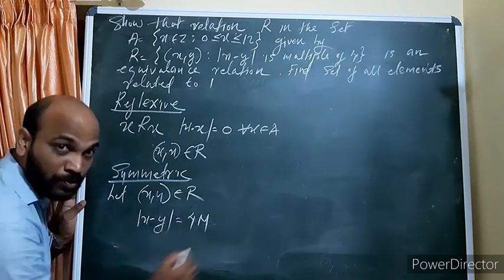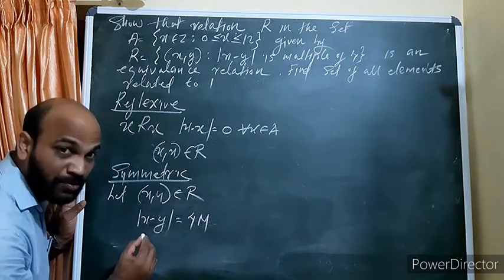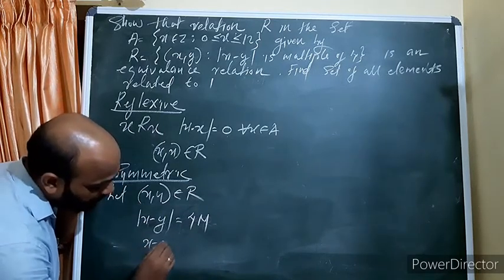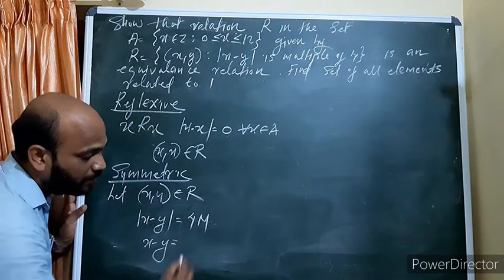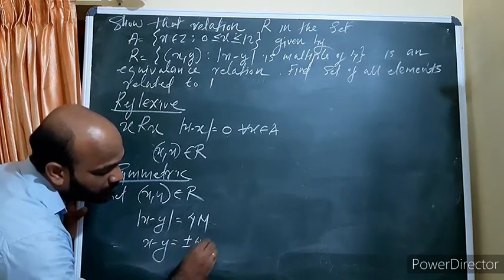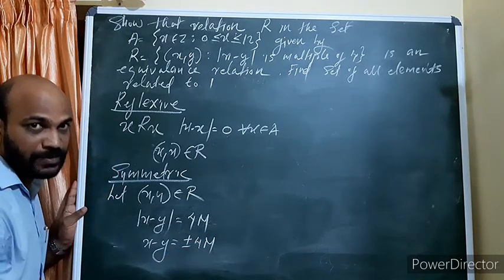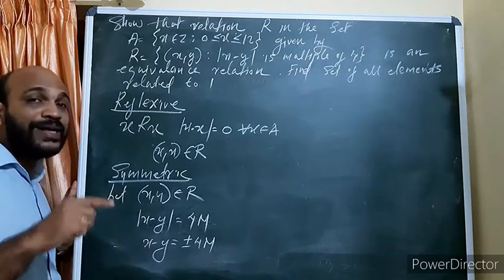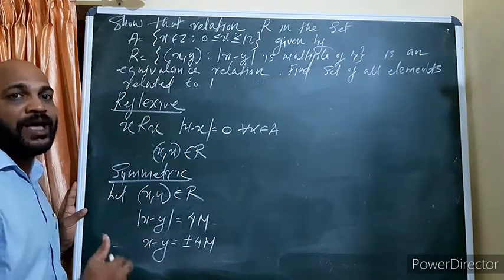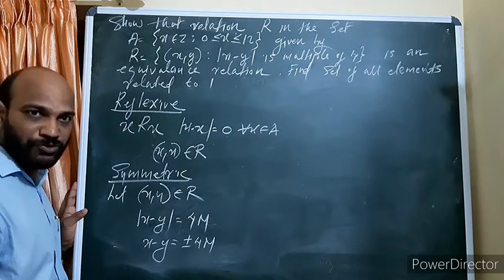So we can remove this modulus. When we remove this modulus, we will get x minus y equal to plus or minus 4m. Reason? Because if modulus of x equal to 4, what is the value of x? x equal to plus or minus 4.